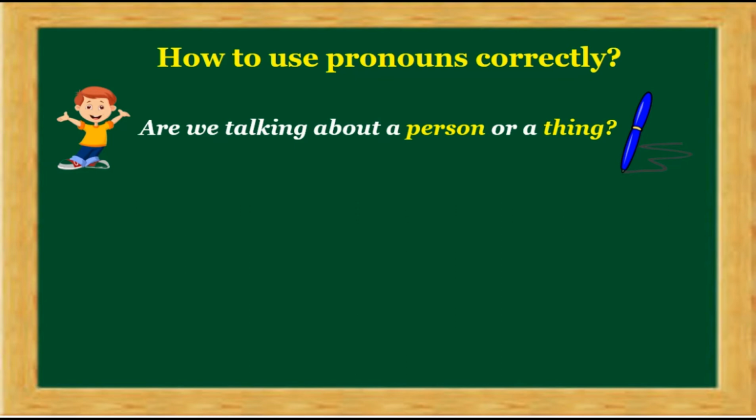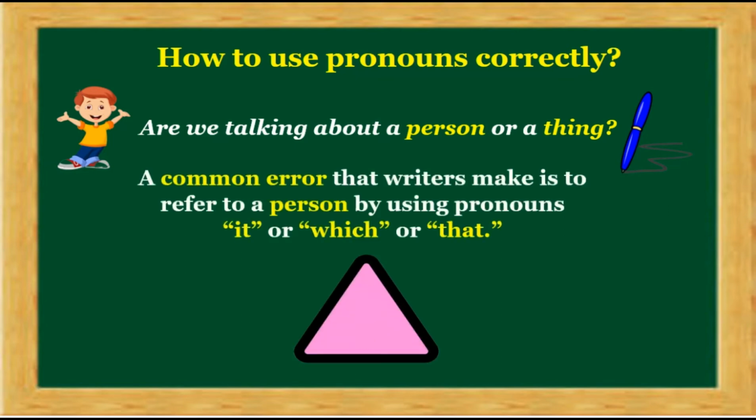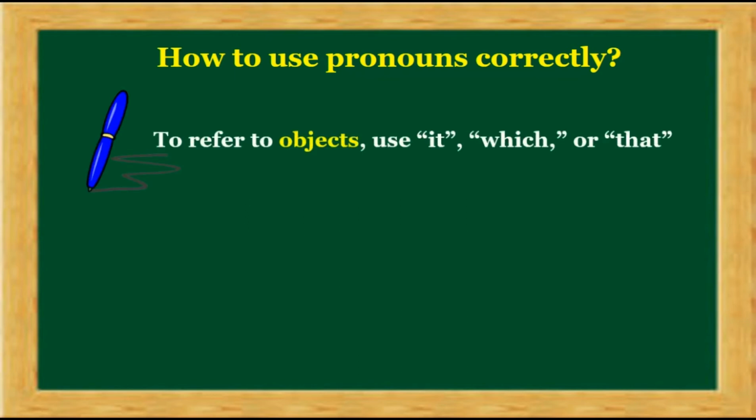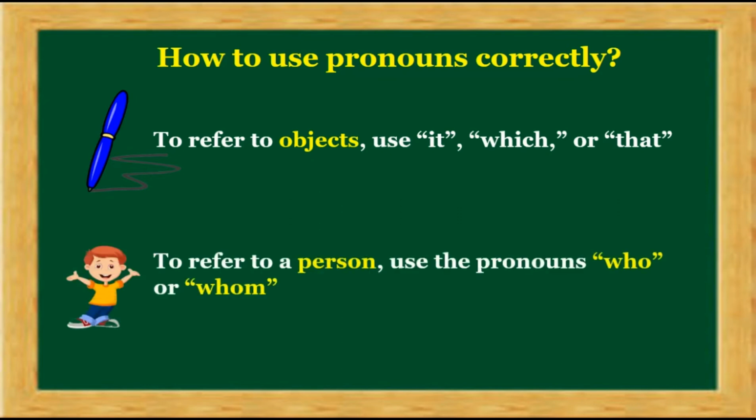A common error that writers make is to refer to a person by using pronouns like it or which or that. Note, to refer to objects, always use the pronouns it, which, or that. On the other hand, to refer to a person, use who or whom.